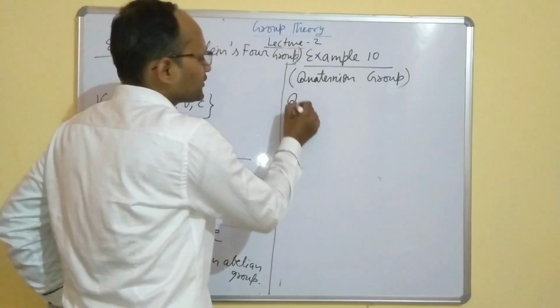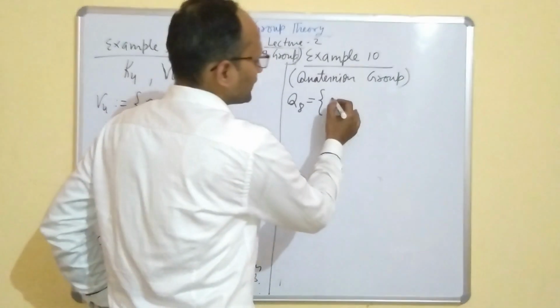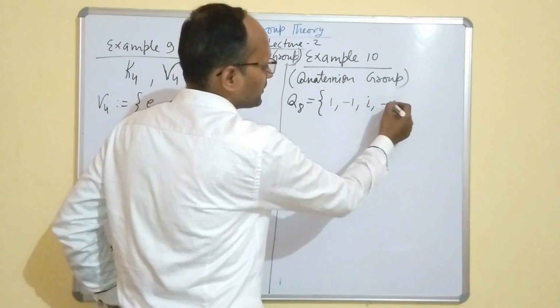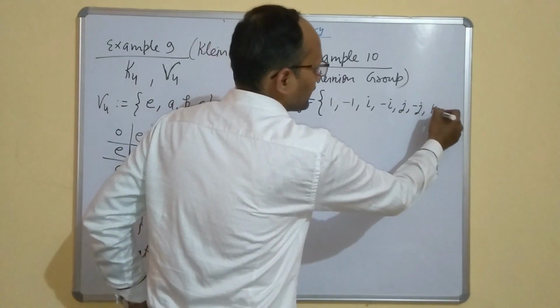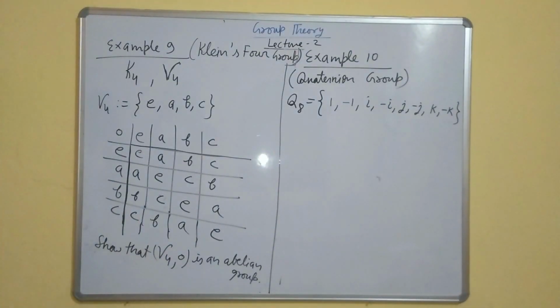This is usually denoted as Q8, and it has 8 elements: 1, -1, i, -i, j, -j, k, -k. These are the 8 elements.